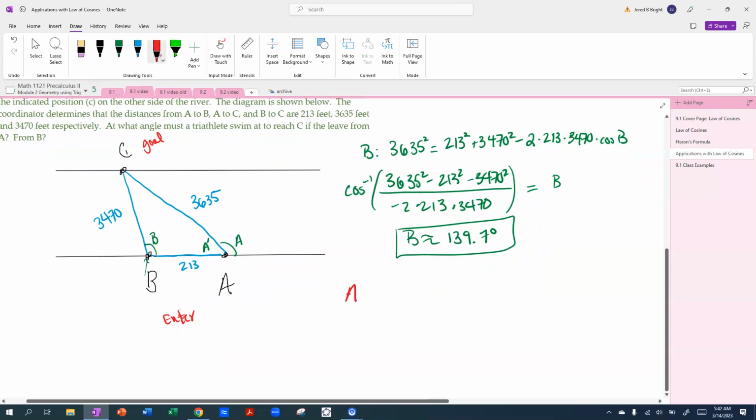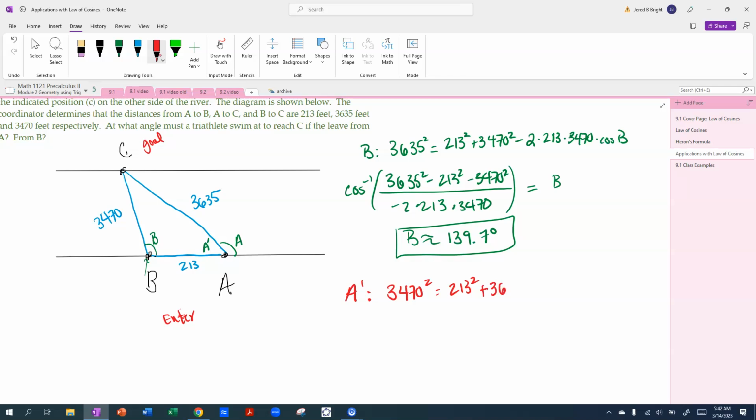For A prime, I would say, side, side, side criterion. So 3470 the side opposite is equal to the other two sides, sorry, 213 squared plus 3635 squared, minus 2 times 213 times 3635 cosine of A prime. That's in our triangle.